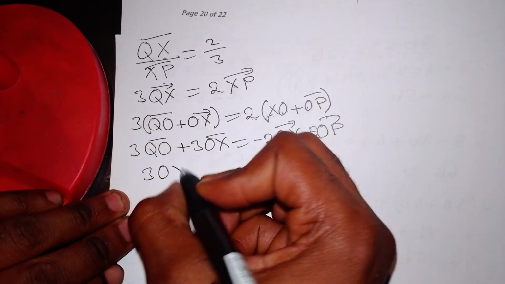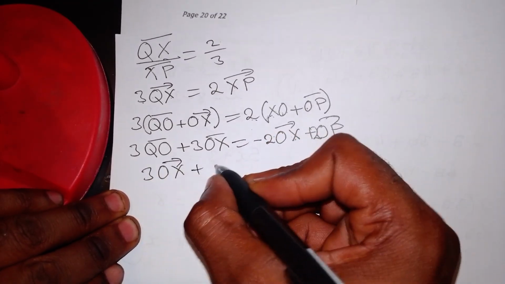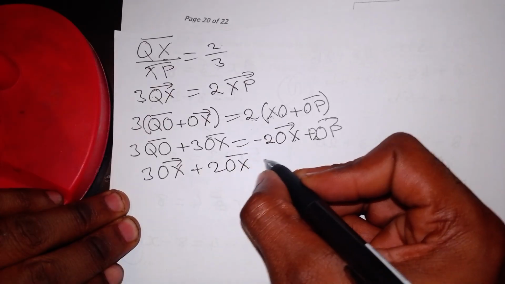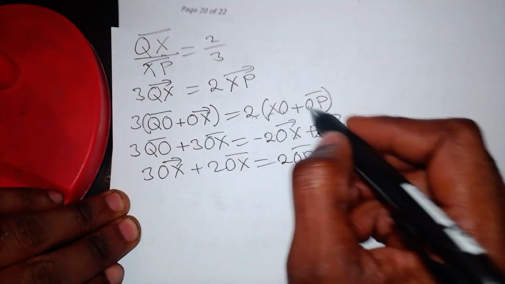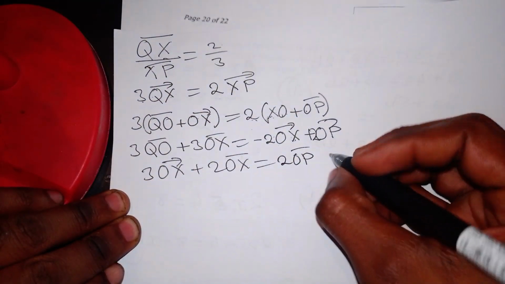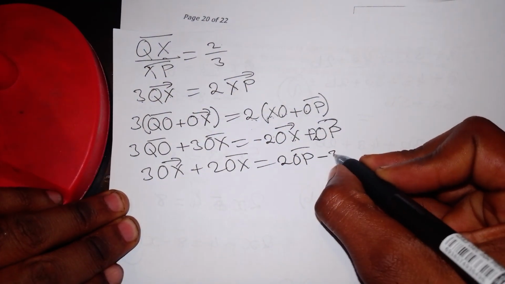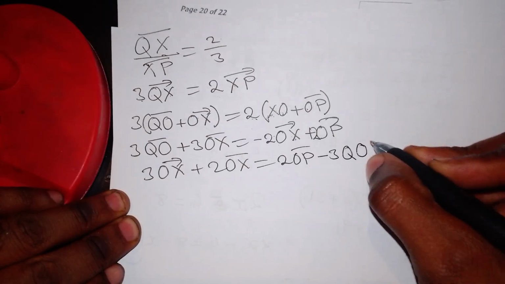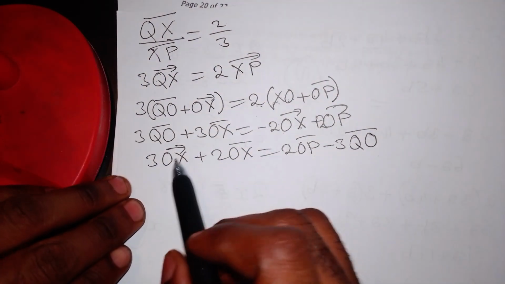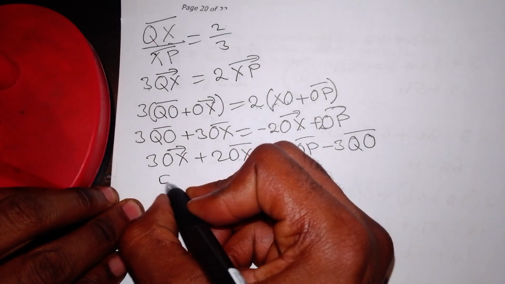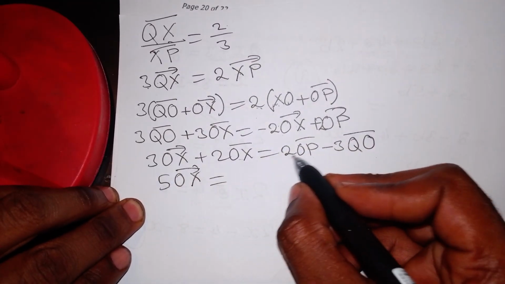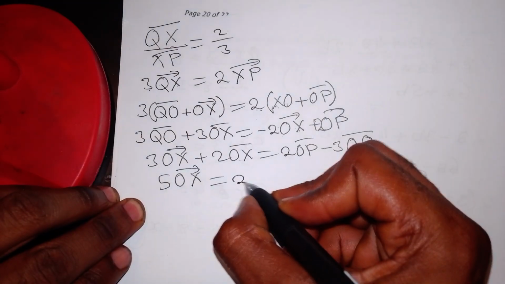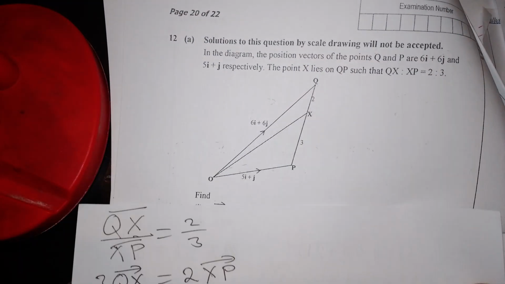So you have 3OX plus 2OX is equal to 2OP. You take the 3QO to the other side, you have minus 3QO, like this. Then these two are like terms, so you have 5OX is equal to, you know what your OP is.